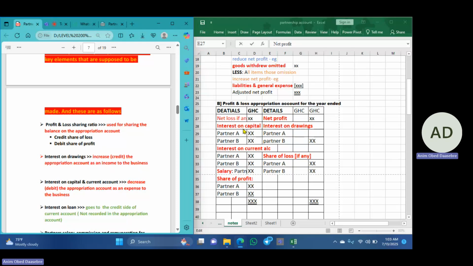So that's why it is an expense. It is seen as a loss toward the business.